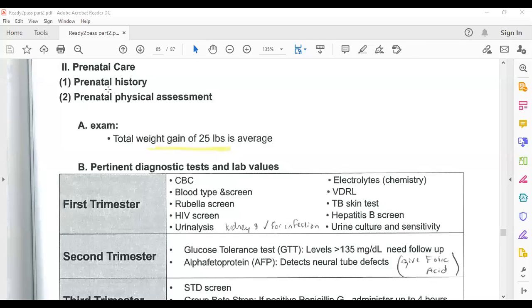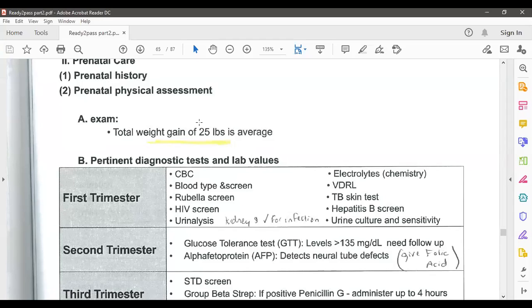So prenatal care is very important for the mother and for the baby. And in that time, we have to do so many important laboratory tests. So these prenatal diagnostic tests or lab values are important in that age group and at those times.